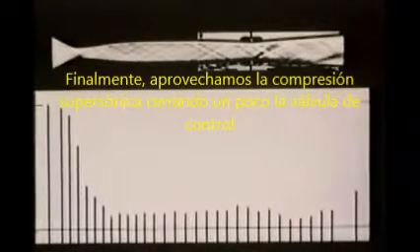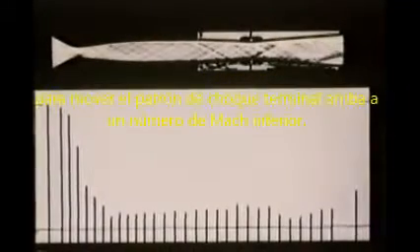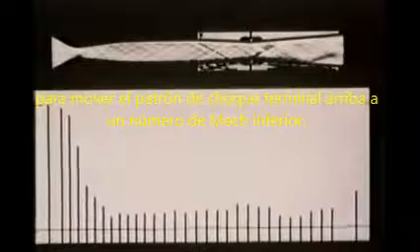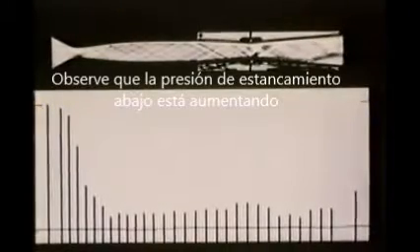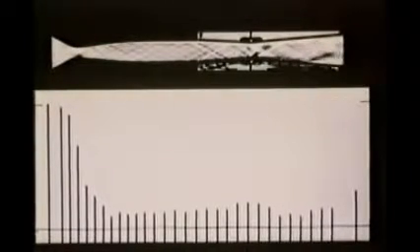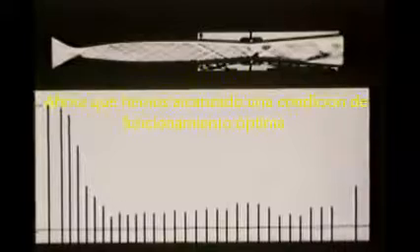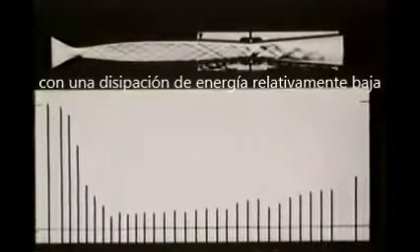Finally, we take advantage of the supersonic compression by closing the control valve a little to move the terminal shock pattern upstream to a lower Mach number. Notice the downstream stagnation pressure increasing. Now we have reached an optimum running condition with a relatively low dissipation of energy.